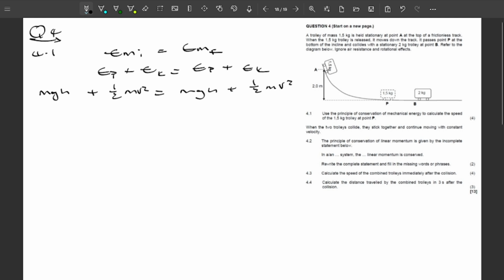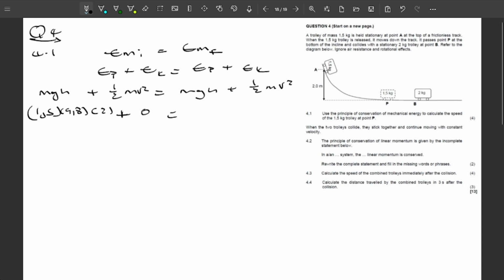This is at the top, so it's not moving. They said it's released, so it's not moving at A. It only starts moving along the ramp. So at the top we have 1.5, 9.8, 2, and the kinetic energy is 0 because it's not moving.